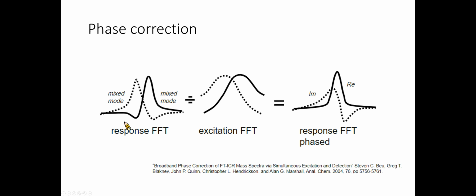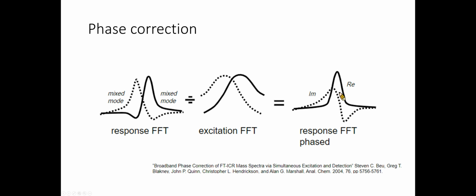Fourier deconvolution-based phase correction consists of a complex division of the time domain ICR signal by the spectrum of the time domain excitation waveform to yield a phase broadened band response.